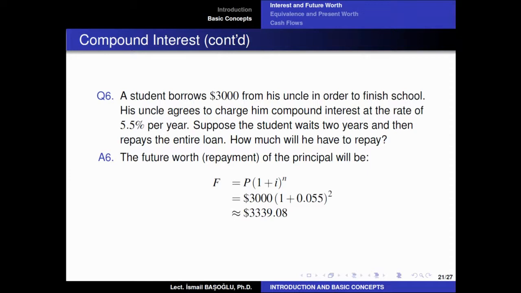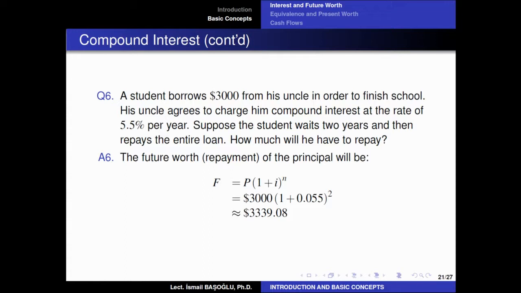Actually, this $9.08 is the interest of the interest that is accumulated in the end of the first year. So if you borrow $3,000 under 5.5% interest rate, now you need to have $165 of interest in the end of the first year.